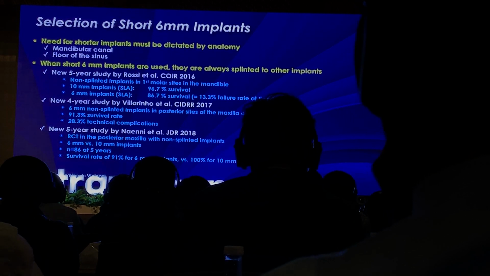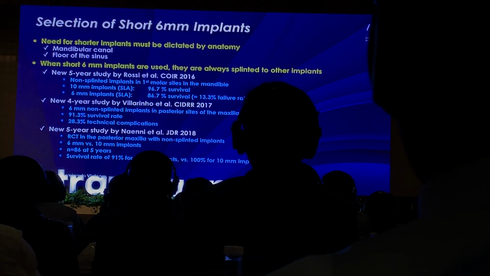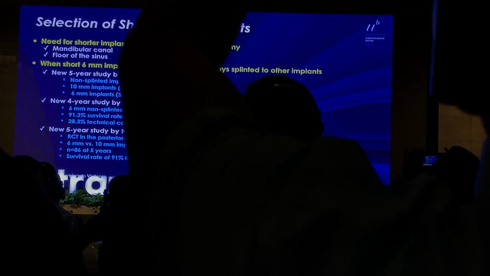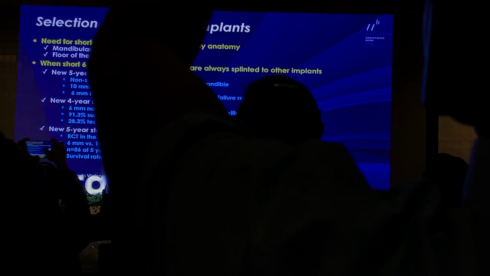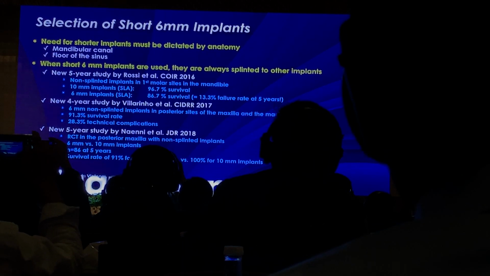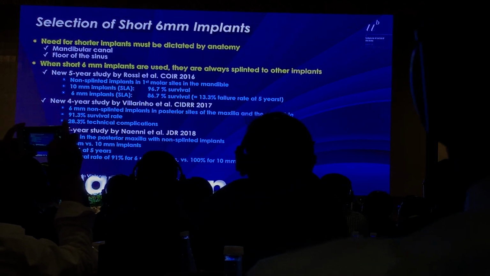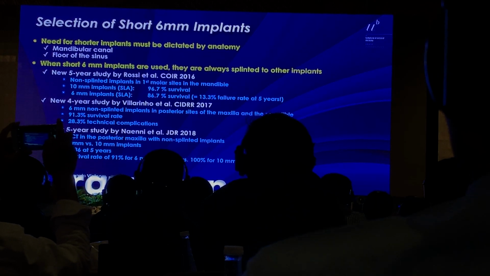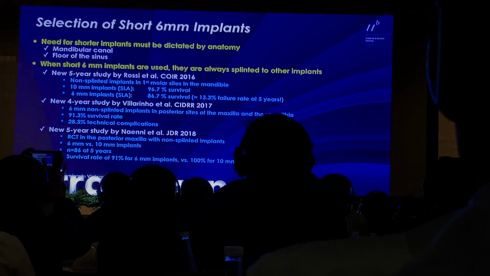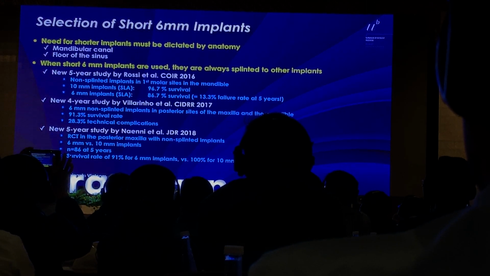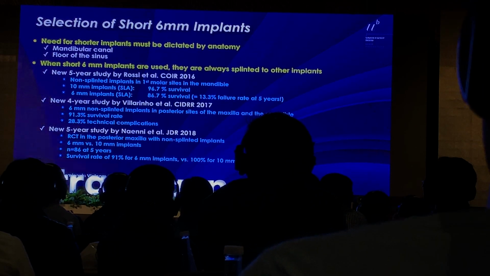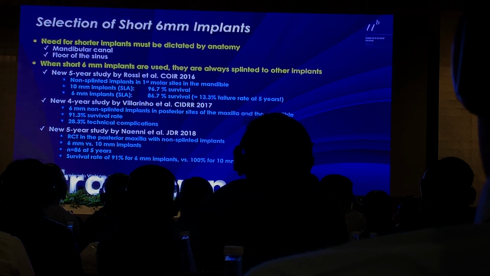So when we talk about 6mm implants, these are the papers I refer to. They show you that when you place non-splinted 6mm implants, the failure rate is increasing. And the failure rate increases by disintegration, not by infection. The implants are not large enough in the anchoring surface to maintain the functional loading.